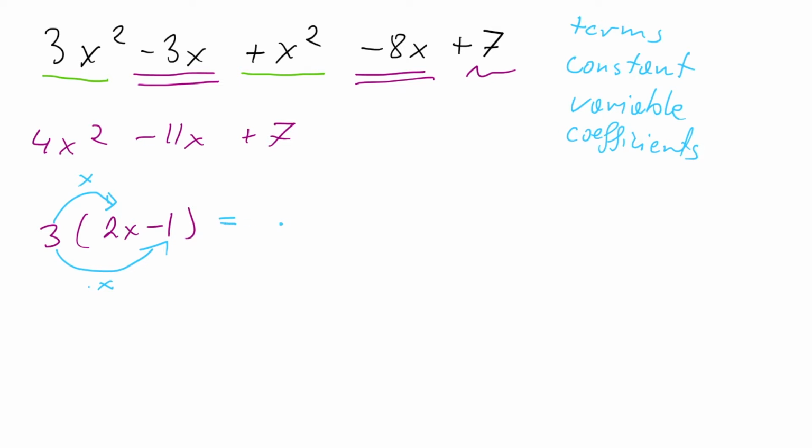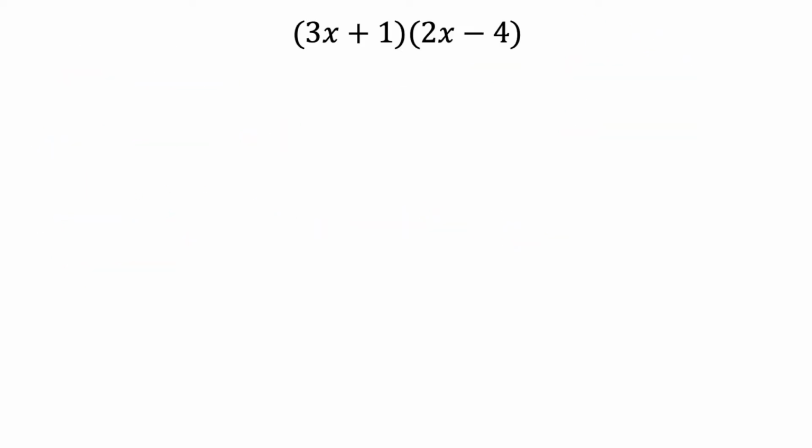If we do that, we end up with 3 times 2x plus 3 times minus 1, which is the same as 6x minus 3. And that's our simplification.